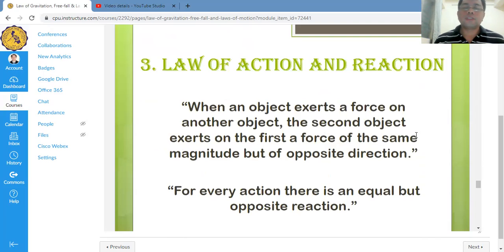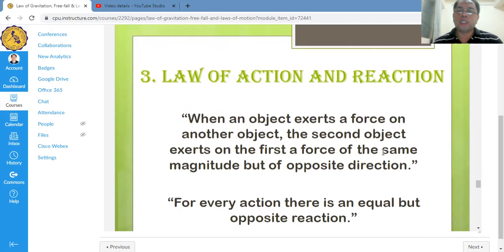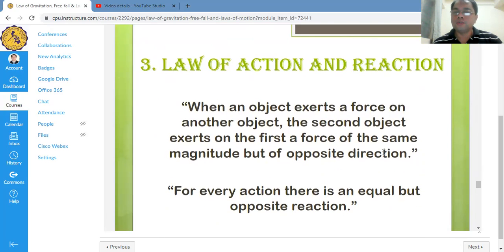So the last law is the law of action and reaction, which says that when there's a given action, then a reaction in the opposite direction results. So like you step on a skateboard, if you don't know how to use it, the tendency is the skateboard will move forward, but you will be thrown backward.